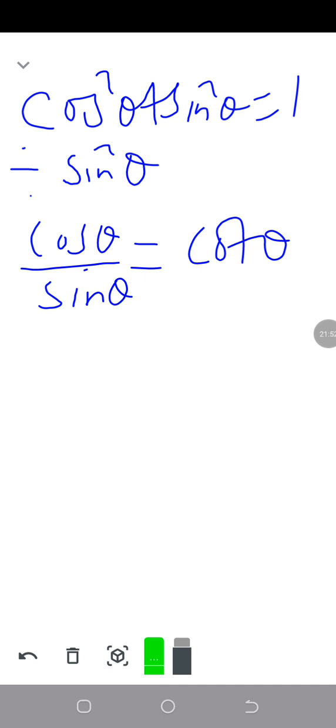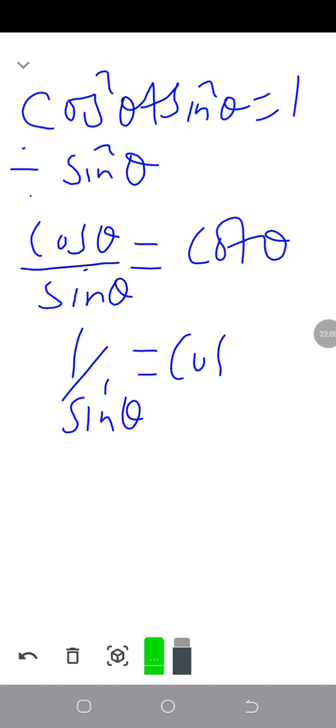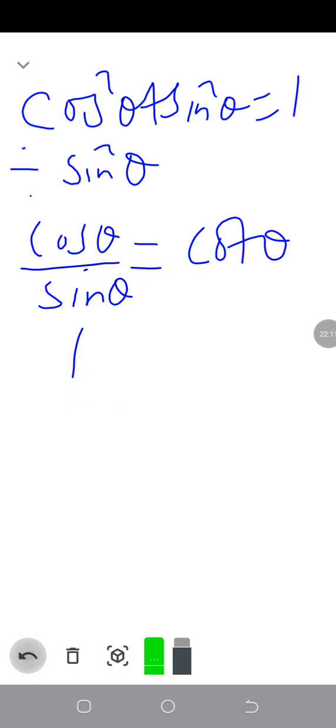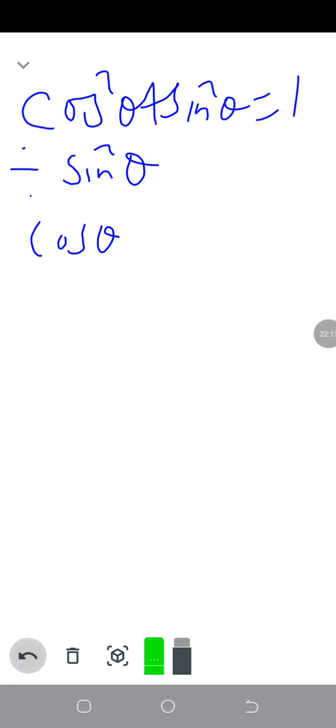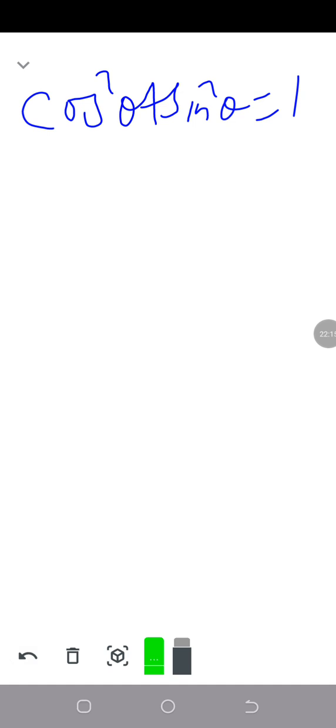And also recall that 1 over sine theta is the same as cosec theta from the beginning of the topic. So we shall divide by sine squared theta throughout this first identity.